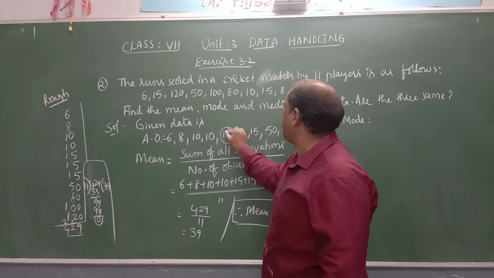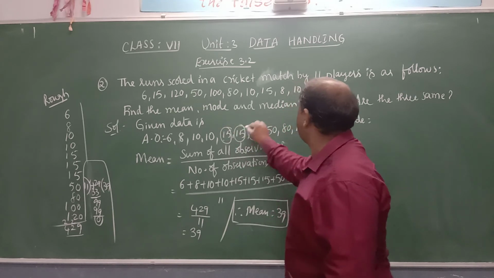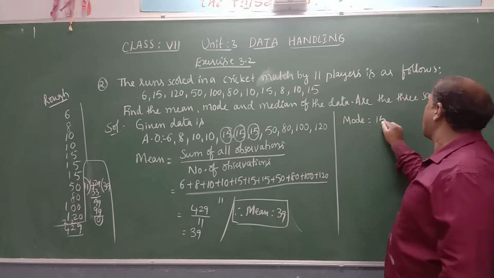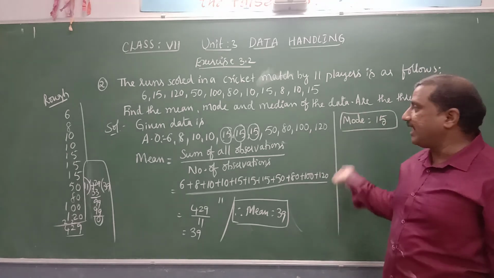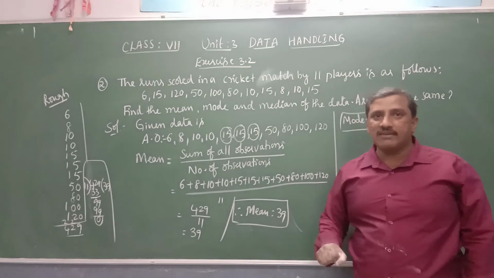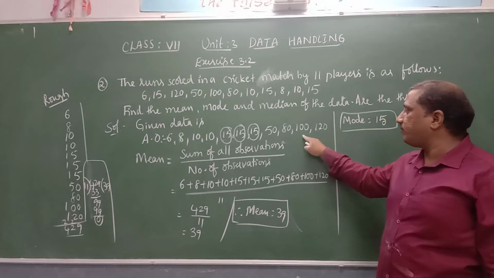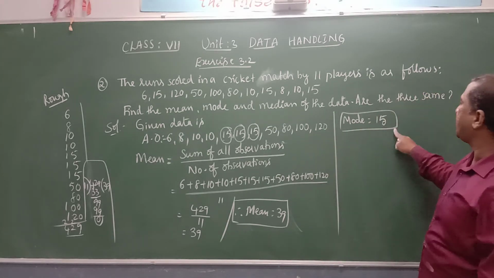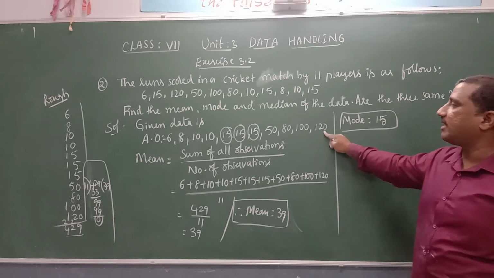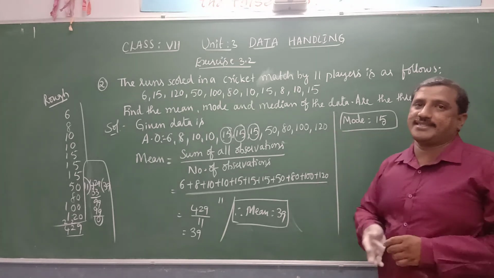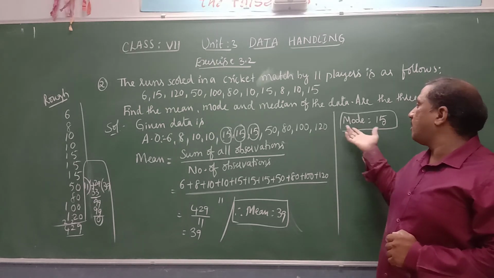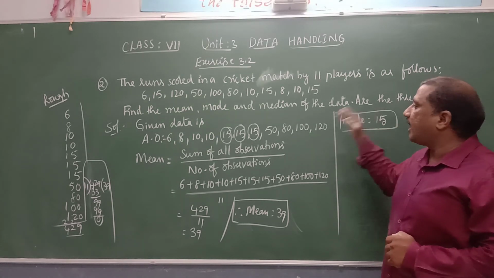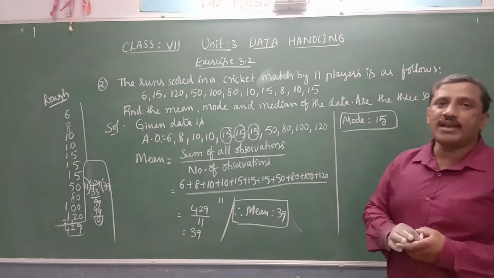Therefore the mode of this data is 15. Now from this what can we say? The mode of the data is any one observation from the given data, if it exists.